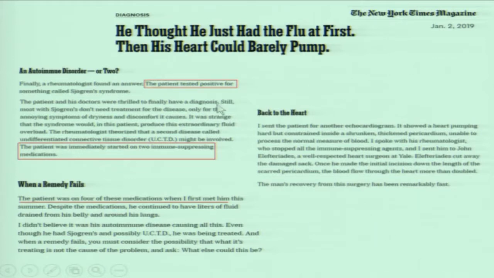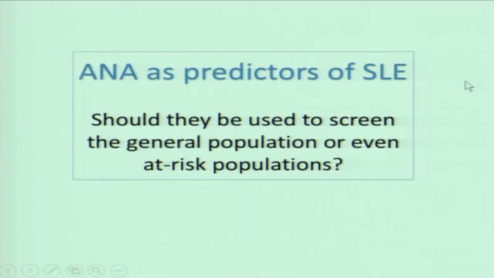In any case, they went back to the heart and they realized that the patient had actually restrictive pericarditis, and they solved the problem, okay? So I don't think, although obviously I don't know all the information, that this patient ever had Sjogren's, needed any immunosuppressive medication, and certainly that did not account for this really refractory case. But that's just an example of what happens.